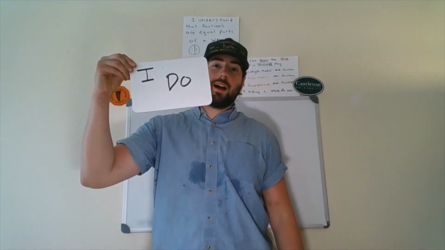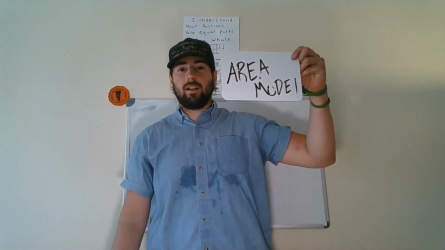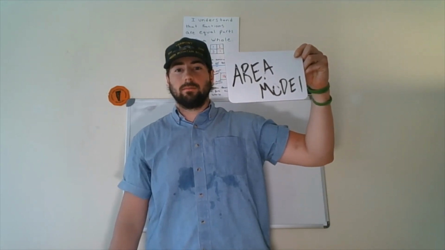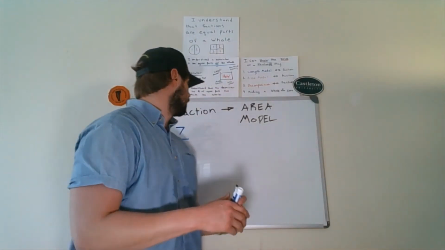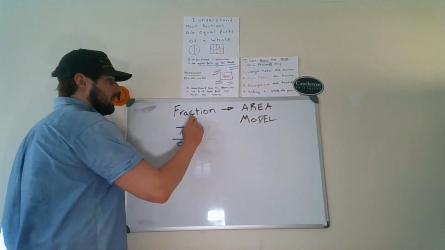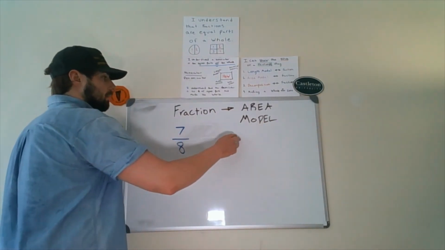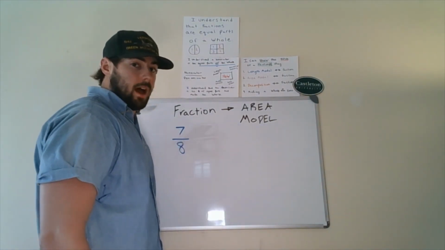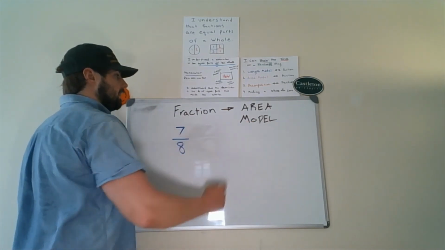Continuing on with that I do. Now looking at that area model. Taking a look at taking a fraction and showing it as an area model. Taking baby steps, different ways to understanding the value of a fraction. 7/8, making it into an area model.